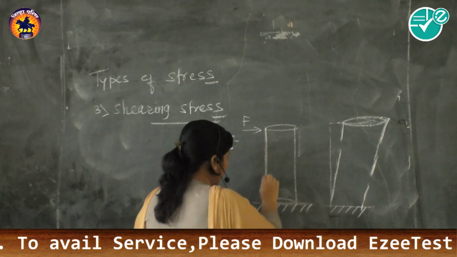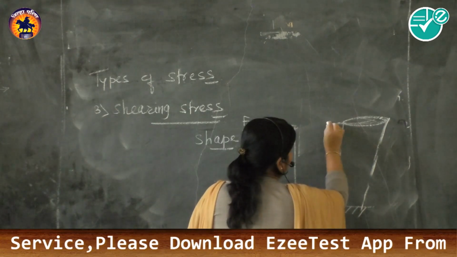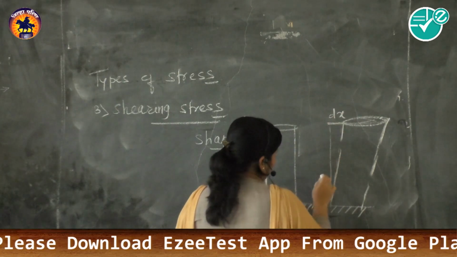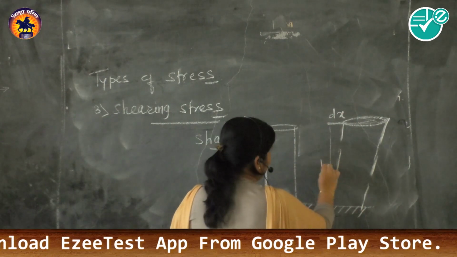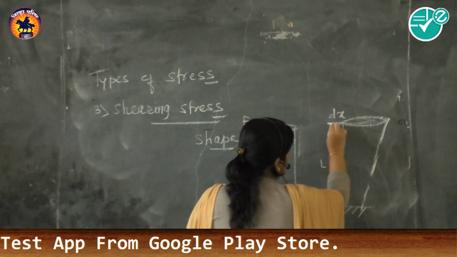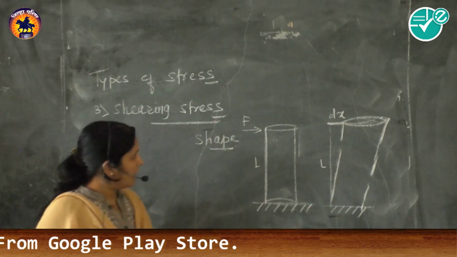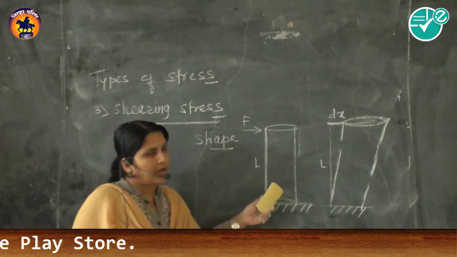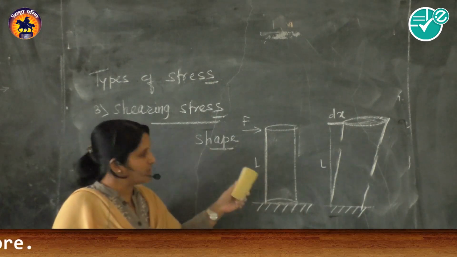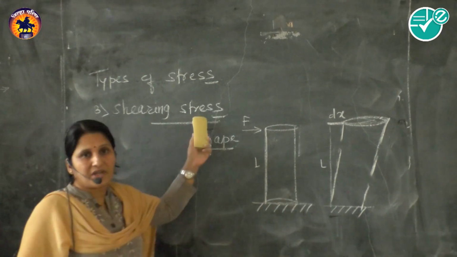Means this layer displaces some distance, that is dx. If the original length of the cylinder is L, this layer displaces through distance dx. Now here the shape of the cylinder changes, deformation is in the shape, and that's why the stress is called shearing stress.